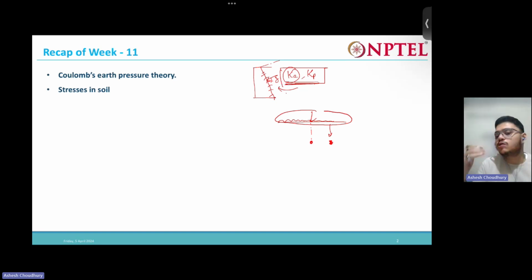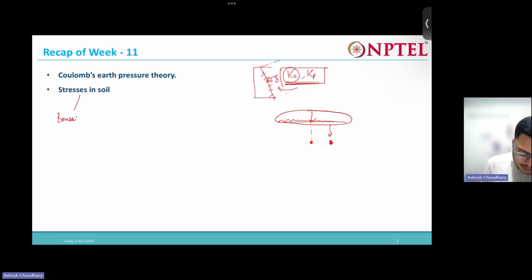Due to that load, what will be the stresses generated at a certain depth in the soil, at a certain point, that we need to find out.